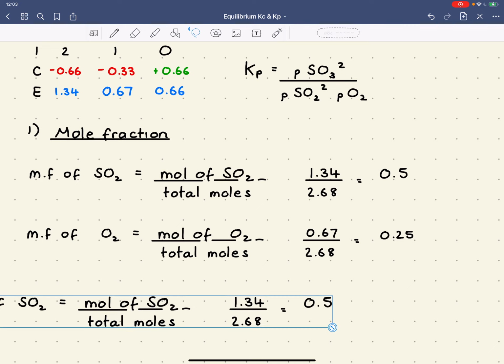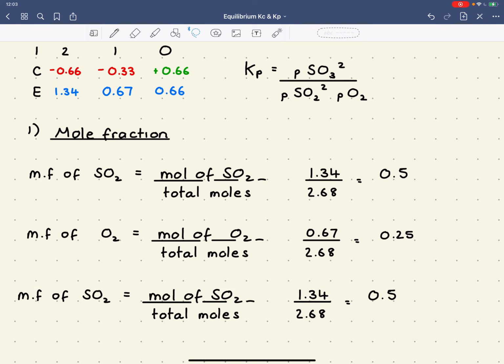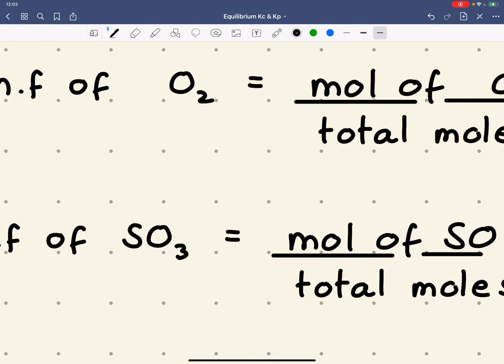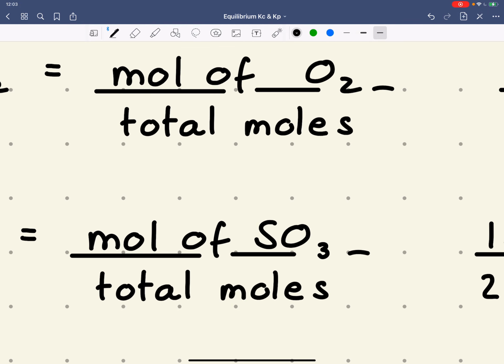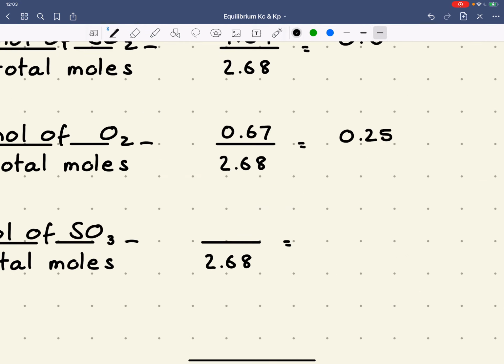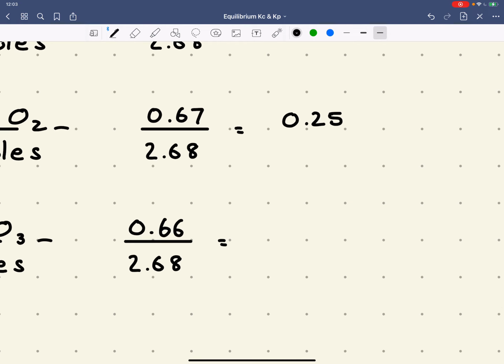And again, if I do the same thing, this time I want the mole fraction of SO3, which is now 0.66, and that should give me just under 0.25, 0.246.